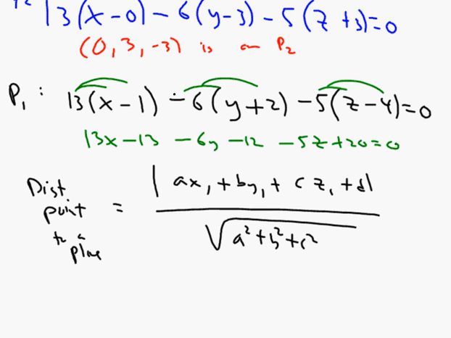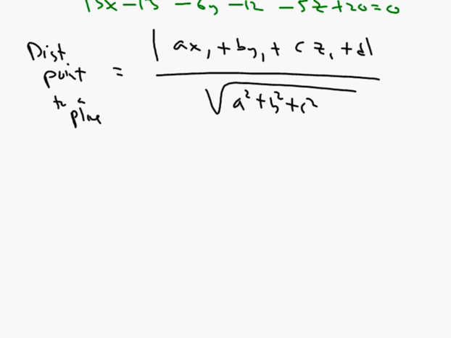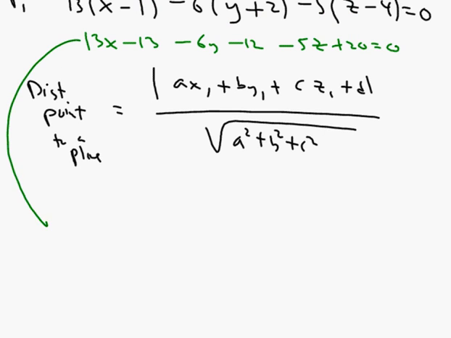That's really saying 13x minus 6y minus 5z. You have minus 13 minus 20 minus 12 is minus 25, plus 20 would be minus 5 equals 0. So there's your equation of plane 1.